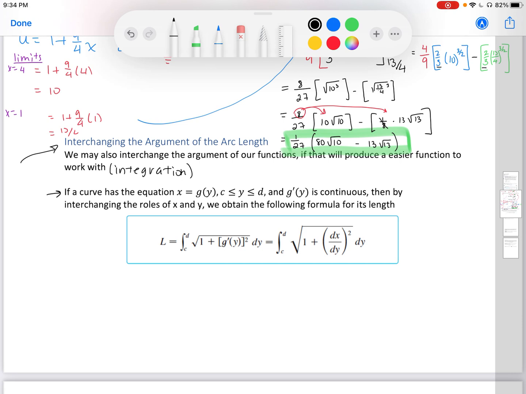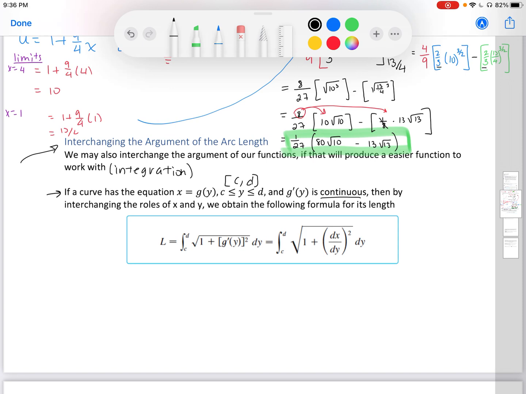If a curve has the equation x equals g of y, where y is in the closed interval c, d, and g prime of y is continuous, that's always important, then by interchanging the roles of x and y, we obtain the following formula for its length.